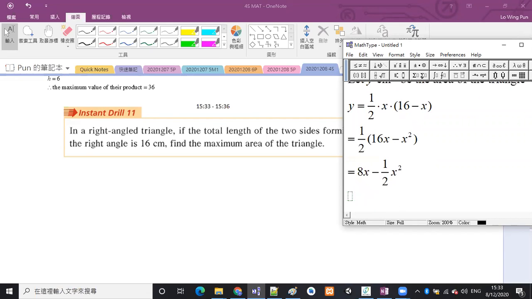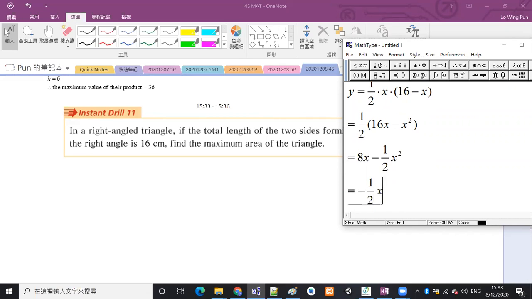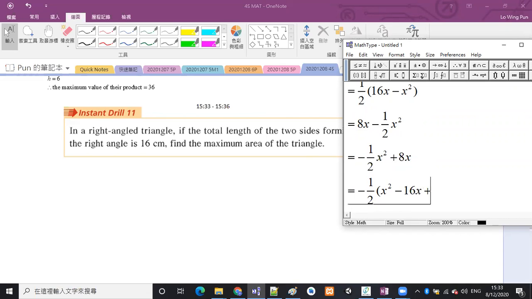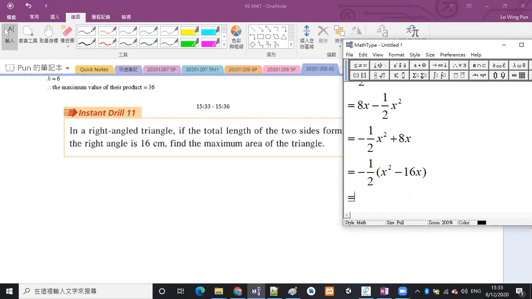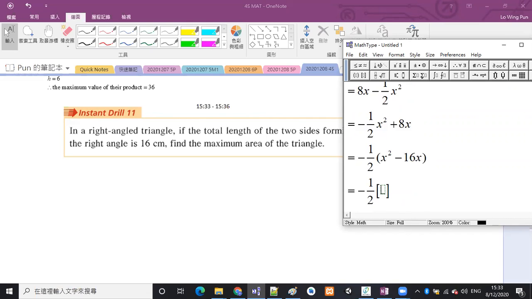Okay, and then because we need to find the maximum area of the triangle, so I need to write it in general form and then take out the a, the x squared, and then this one will be minus 16x. Okay, take out the a, and then we'll write the x squared minus 16x as x squared minus 2xy, and the y will be 8.